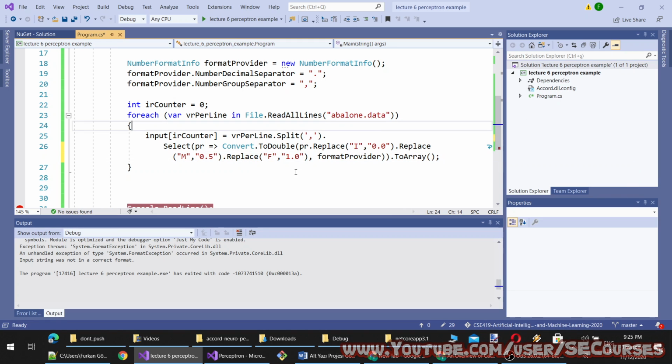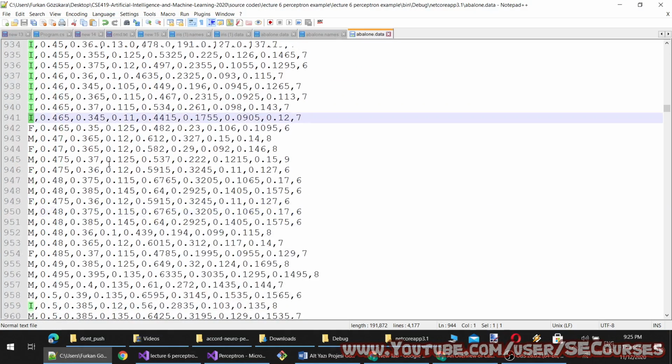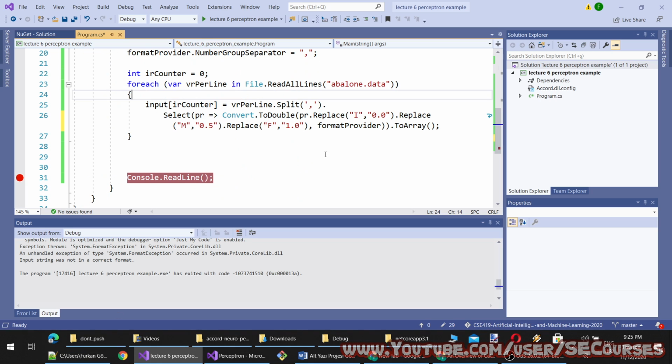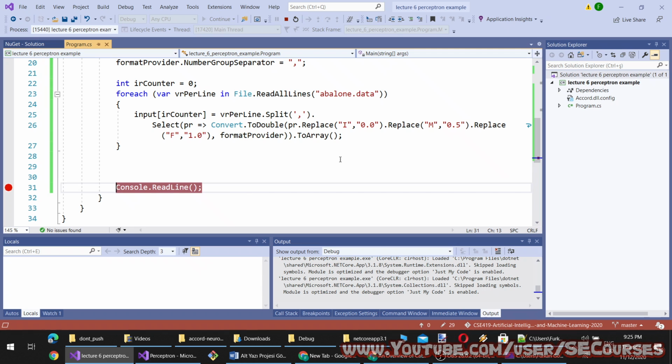Okay. So this is my arbitrary conversion, because actually there is no order between these three. Maybe there can be order between infant and adults. Okay, let's see what kind of results we will obtain.